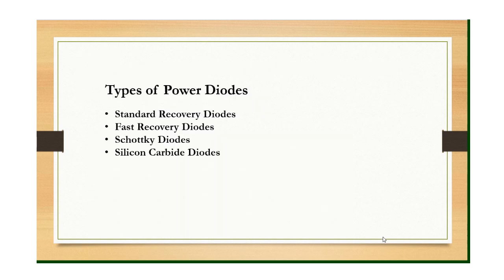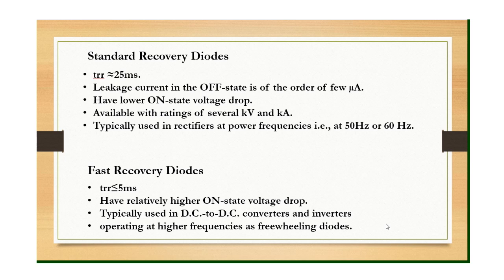Now, moving on to types of power diode, you have standard recovery diodes, fast recovery diodes, Schottky diodes, and silicon carbide diodes. I have just listed the important points here to know the difference between the different types.